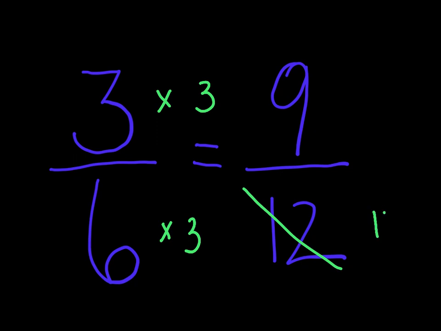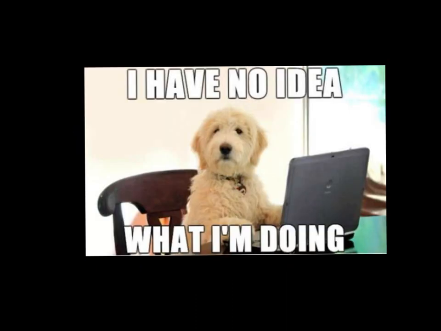This would have been 18ths, 9/18. So 3/6 and 9/12 are not equivalent fractions. And the perfect way of testing that, you could be drawing pictures, area models, or just simply use multiplication or division.